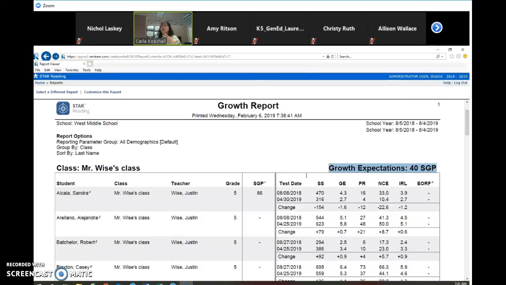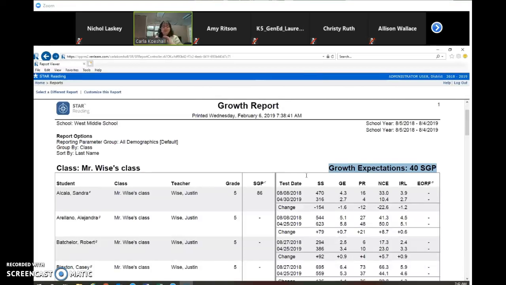And so what we can do with SGP is take that a step further. With percentile rank, we're comparing your students to other kids in the same grade who took this test at about the same time of year, and we're telling you how they're doing compared to those other kids. Well, when somebody at the 90th percentile is compared against everybody, it's going to be hard for them to show growth.